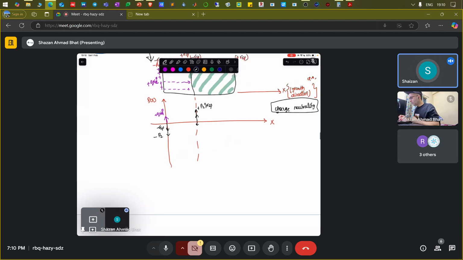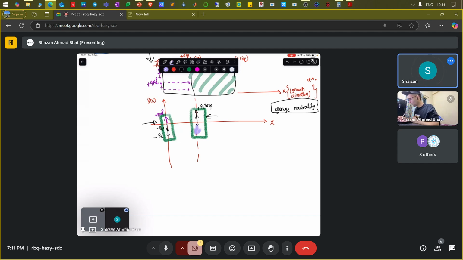Charge neutrality means whatever positive charge is on this side, that has to be on this side. So when you consider that, in equilibrium, these particular two charges have satisfied each other. Now this positive charge has to be satisfied with something. So for it to be satisfied, there has to be a negative charge here.